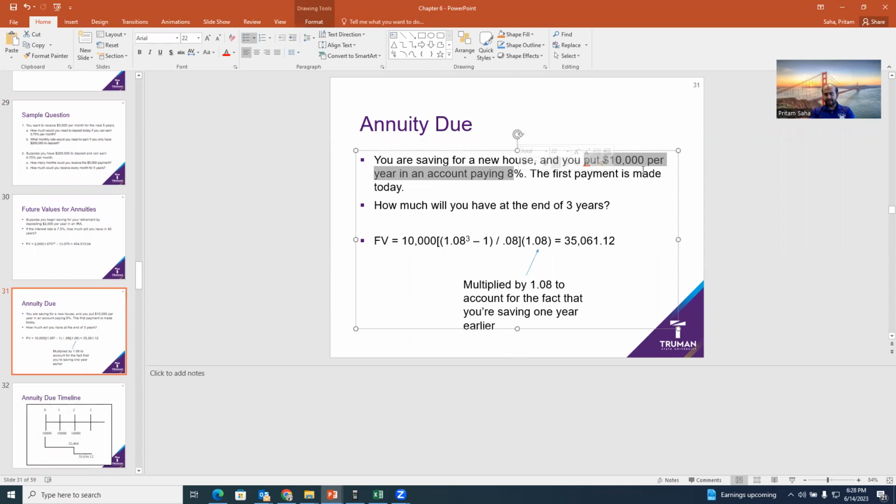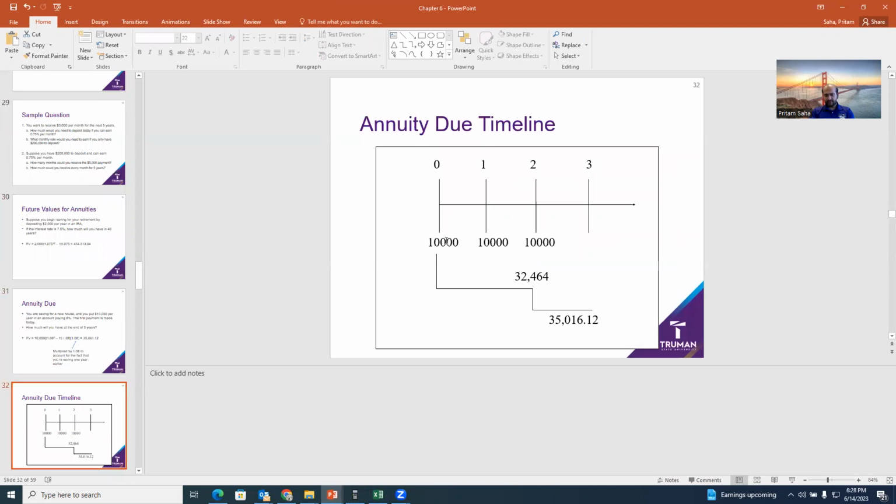The first payment is made today. How much will you have at the end of 3 years? That means you're making payments today, end of 1 year, end of 2 years. If I break it down, this can grow at 8% for 3 years, this for 2 years, this for 1 year. Then sum them up. This is, I should say, the more clerical or mechanical way of solving it.